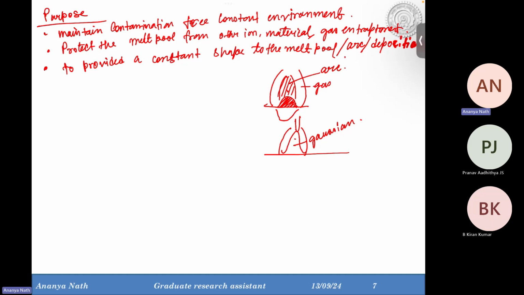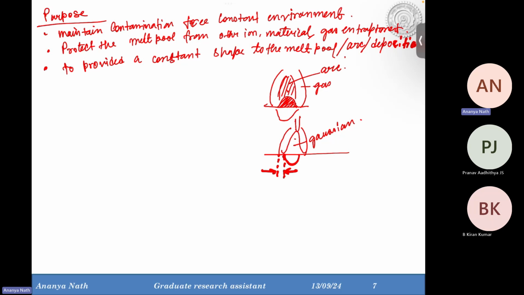But if I increase the gas flow rate very high, then imagine the gas is coming directly onto the melt pool. Maybe there is a distance between the gas coming and the melt pool forming, but still the gas, argon or nitrogen, is like air.